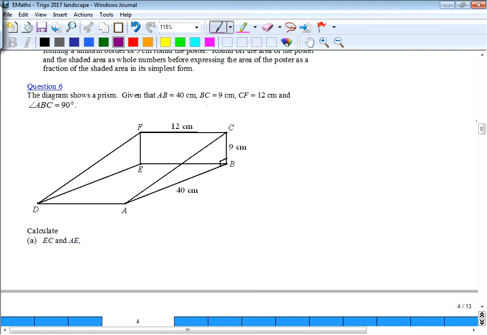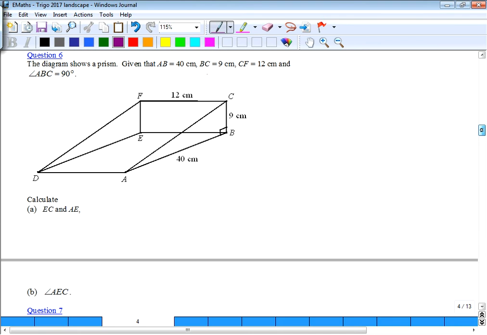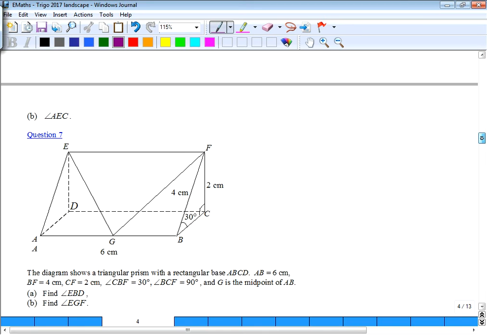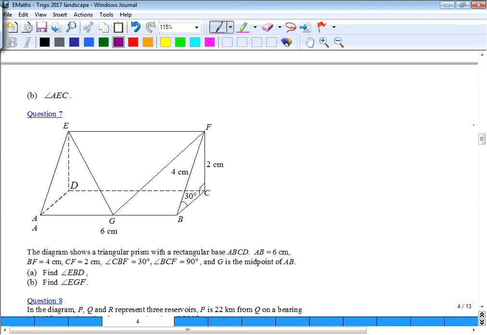You need. Angelique, do you need help? AEC. No already, okay. Question 7. Seven A, 7B. Okay.